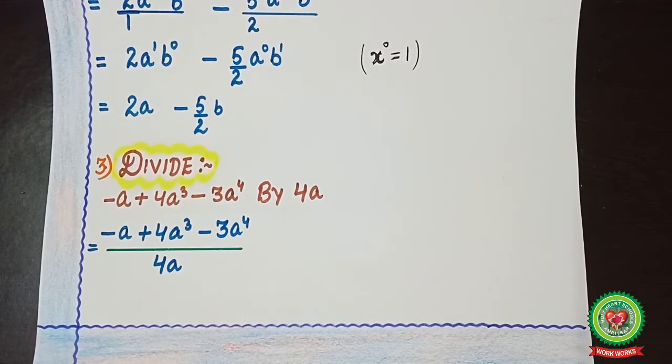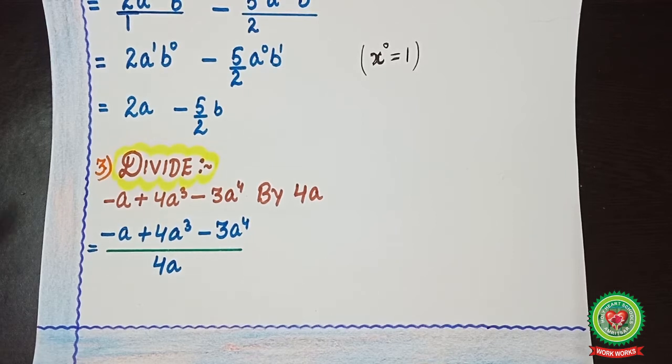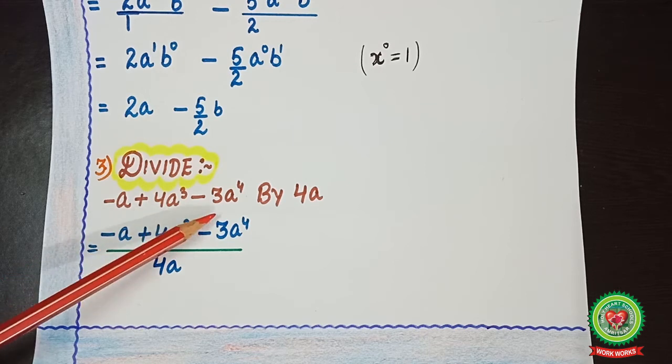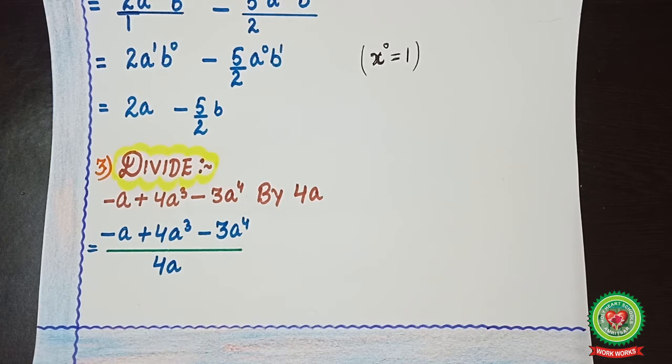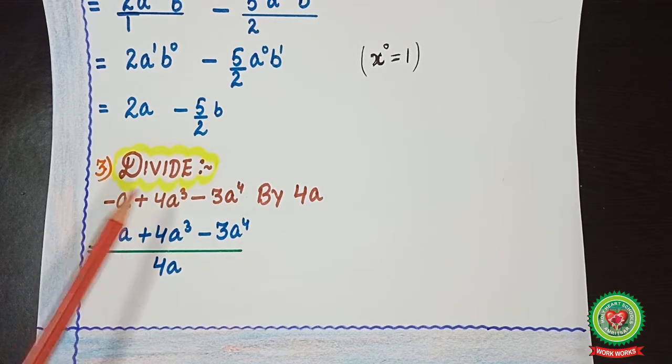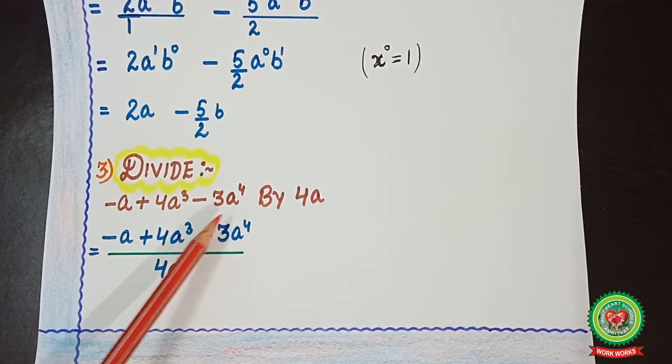So now move to another example, that is example number 3. Now student, first of all we will read the statement. Divide minus a plus 4a raised to power 3 minus 3a raised to power 4 by 4a. First of all we will see which type of expression this is. You will count the terms: 1, 2, 3. So here 3 terms are there.